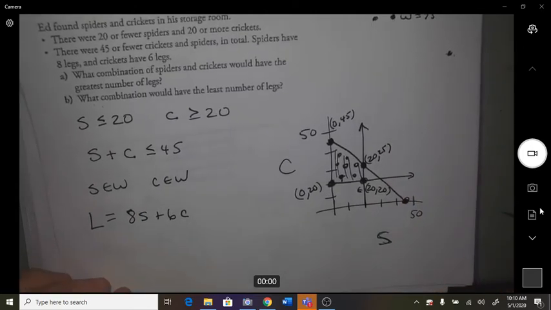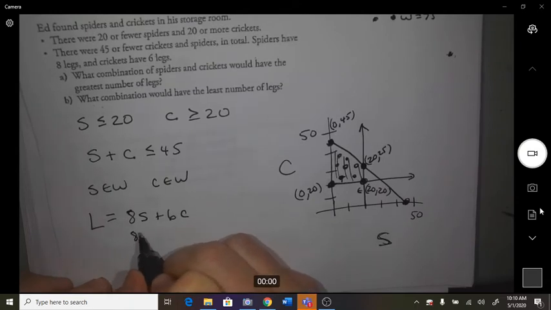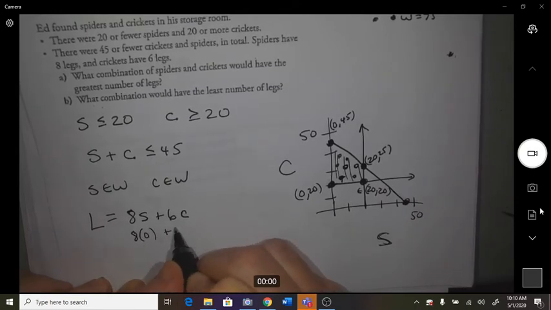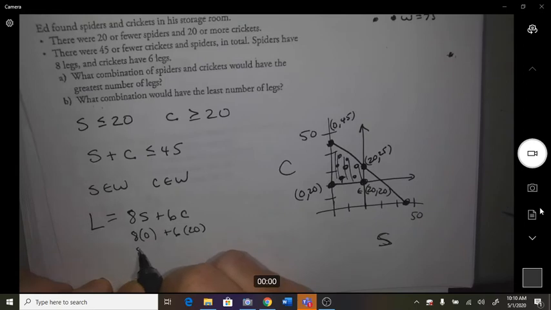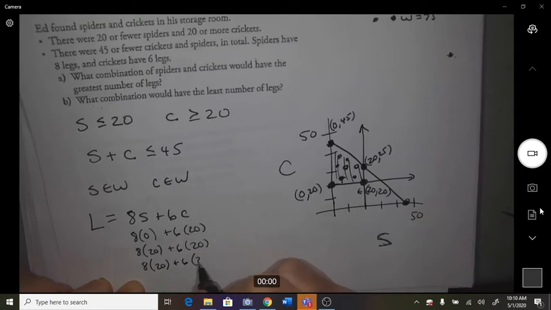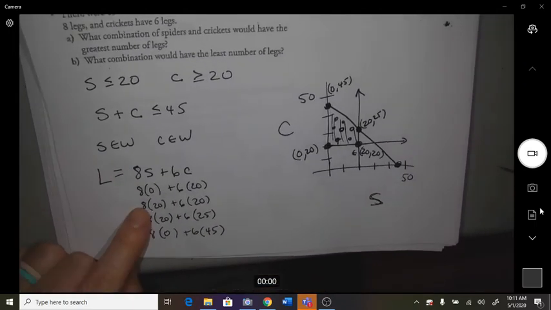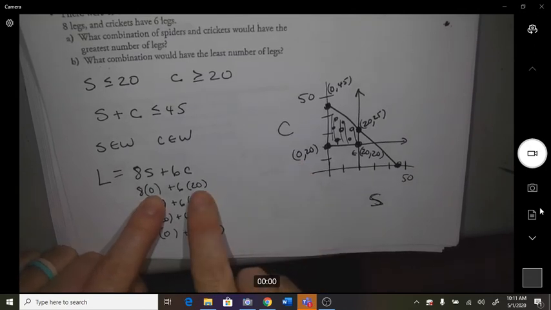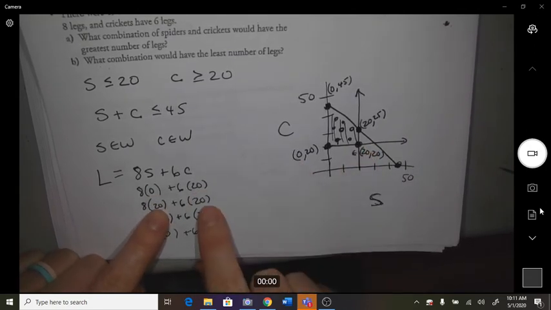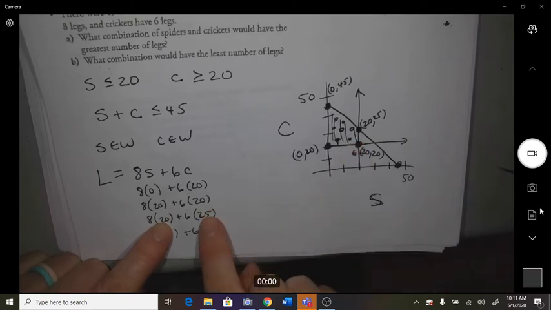Okay, so I'm just going to plug in each point. So you could see here, I plugged in 0, 20, and here I plugged in 20, 20, 20, 25, and the point is 0, 45.